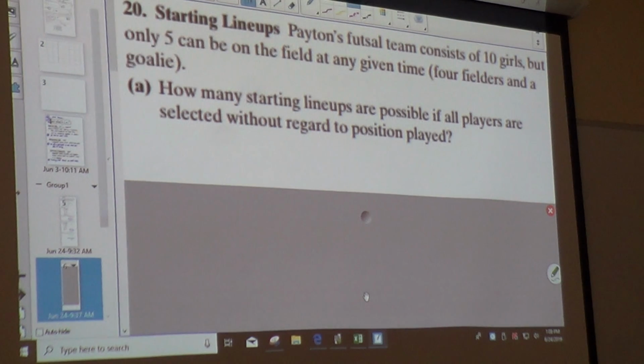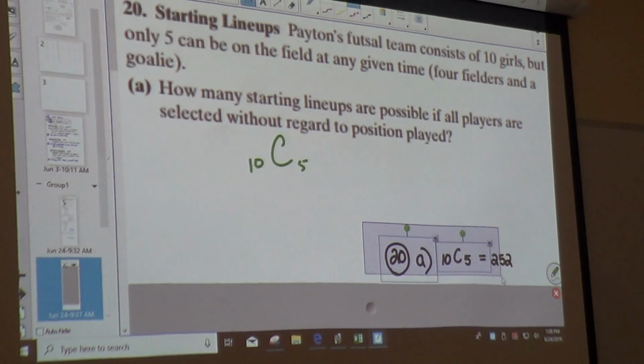Is this a permutation or is this a combination? Combination. How many girls am I picking from? And how many am I choosing? 5. That's it. Because it says I'm not paying attention to what fielder or goalie or whatever. I'm just saying 5 girls get on the field. We good?